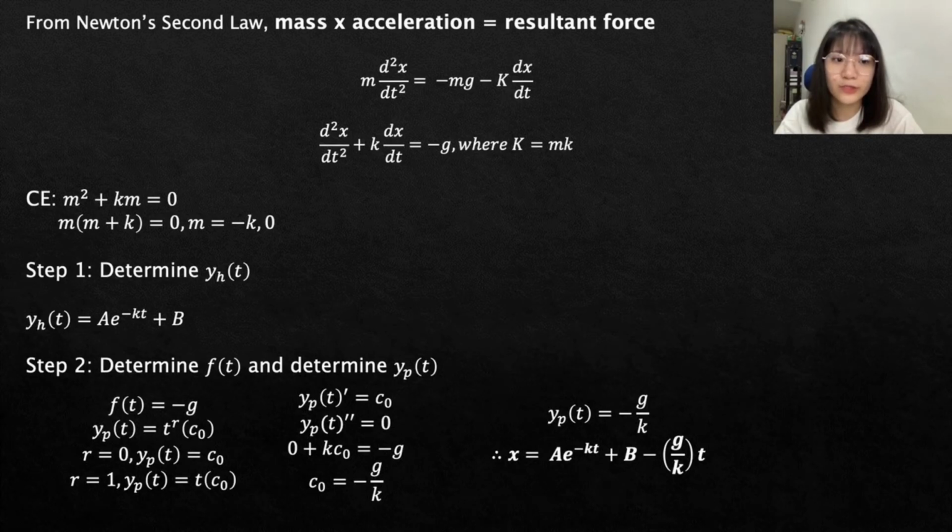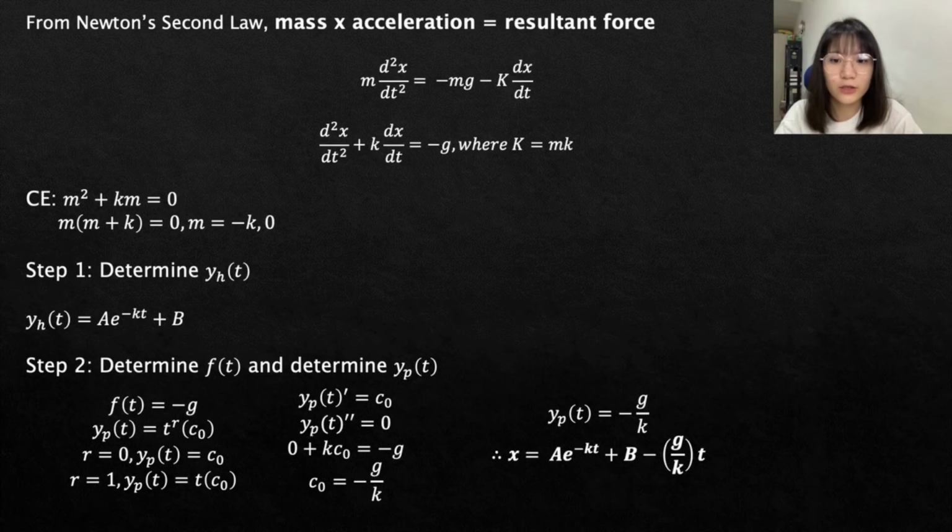The first step is to determine the yH. yH will be A e to the power negative kt plus B because it has two distinct roots. And the second step is to determine f(t) and yP(t). So f(t) will be negative g, and the yP(t) equation is t to the power r times C0. r equals 0 is rejected because the yP equation has a similar term with yH, so we will consider r equals 1, which gives yP(t) equals t times C0.